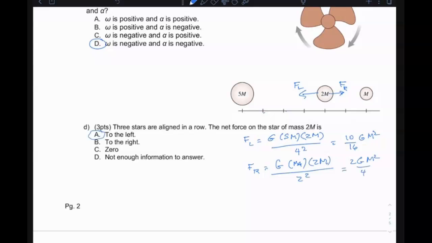This is equal to 2Gm squared over 4, or 8/16, which is less than the force on the left. So the correct answer is choice A. And that concludes this review of question 1 in exam 4.